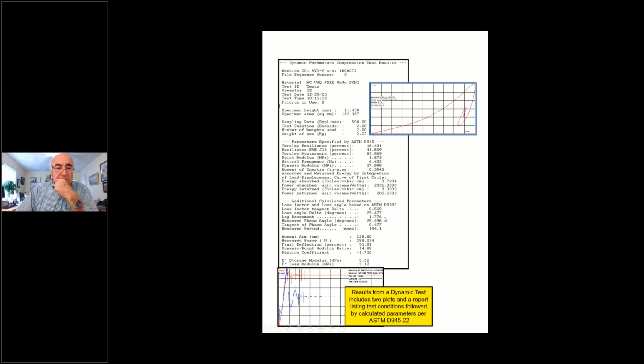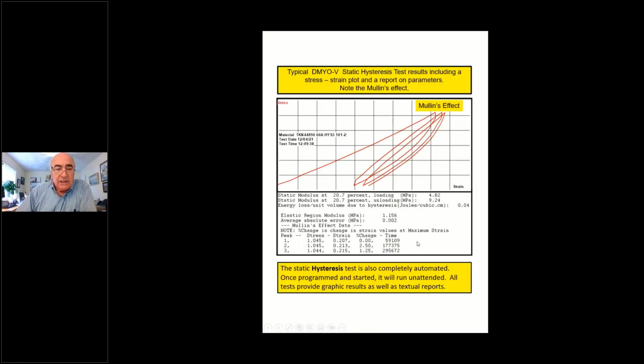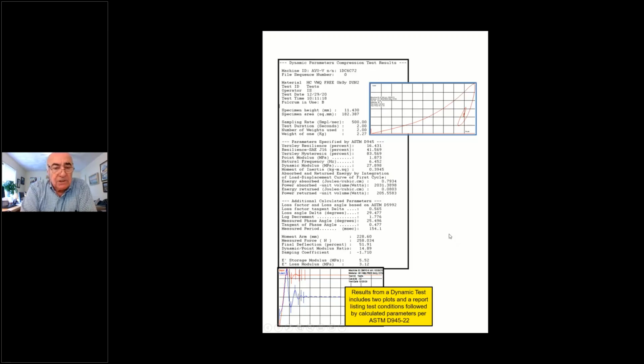But on the other hand, we do log decrement, and we also measure phase angle. That's the difference between the two plots we have down below, which is the load and displacement against time. And that's 25 degrees, substantial. Now, tangent of phase angle is also given. Next, we go down to moment arm, which is a factor, of course. The measured force, which comes out of the load cell.